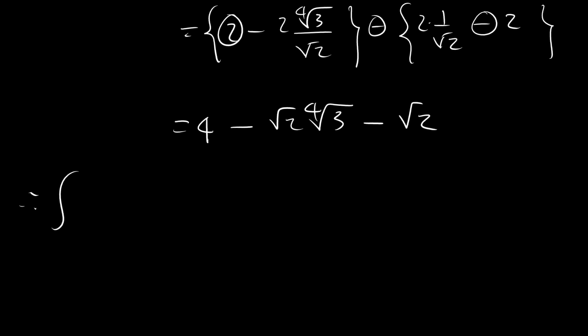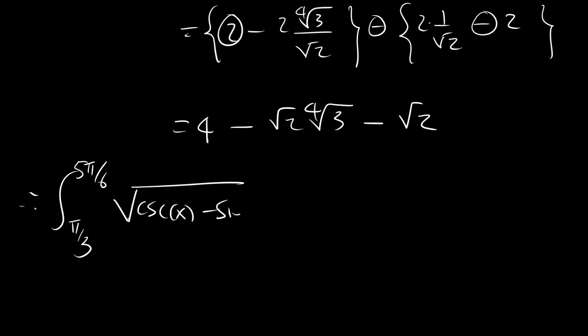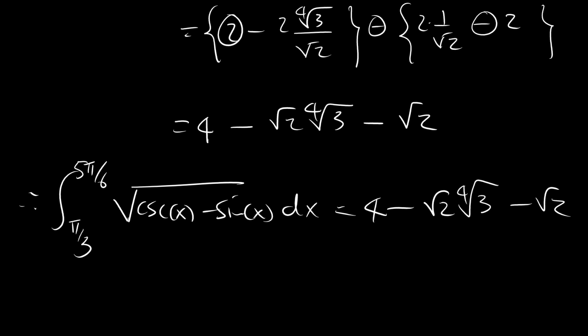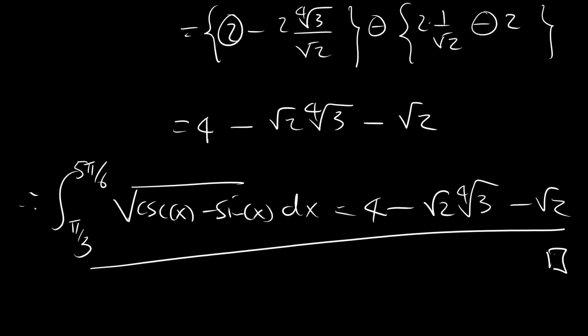Therefore, our integral from pi over 3 to 5 pi over 6 of cosec of x minus sine of x is equal to 4 minus root 2 times the fourth root of 3 minus root 2. And that is our answer.